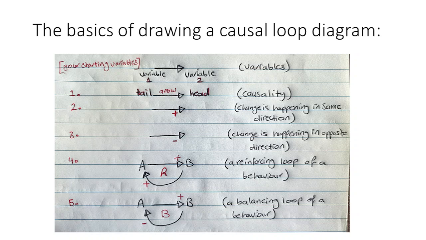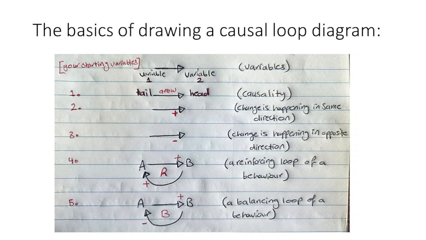So if you see a letter R in the middle of a loop, this shows that the loop is reinforcing a behavior in the same direction, causing either a systematic growth or a decline. It is a behavior that is moving away from equilibrium points. Okay?